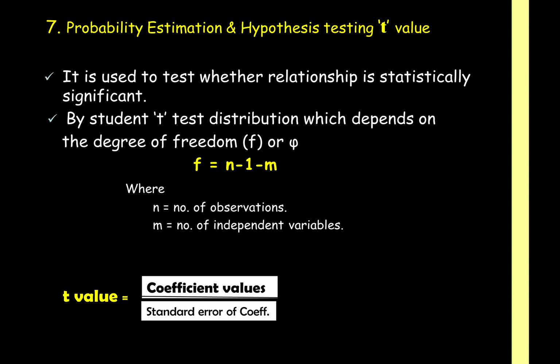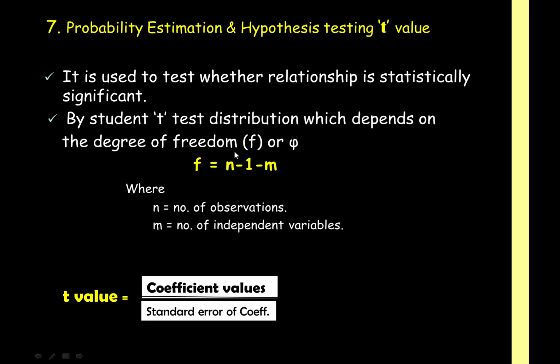And the seventh part is the probability estimation and hypothesis testing, which is given by student t value, which is basically depending on the degree of freedom. So the student t value corresponding to the degree of freedom is found out from the statistical tables, and degree of freedom is nothing but number of observations minus 1 minus number of independent variables.